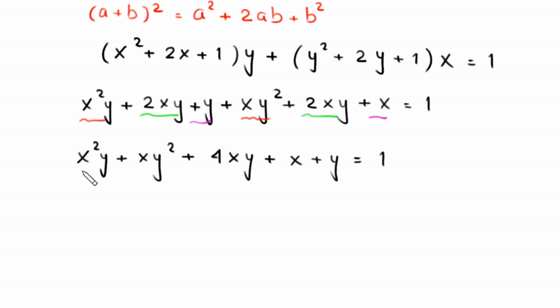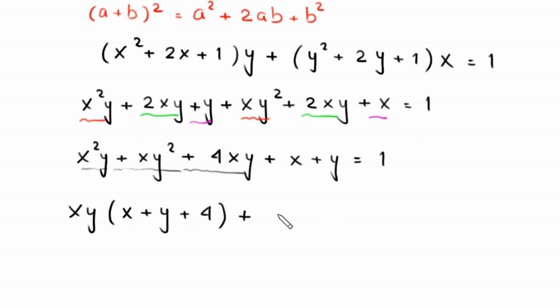Now from these three terms, x squared y plus xy squared and plus 4xy, we can factor out x times y as common factor, in bracket x plus y plus 4. Since in bracket we have x plus y plus 4, so to make this x plus y same as x plus y plus 4, we add 4 to both sides.